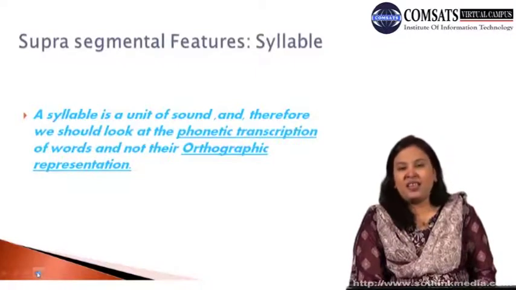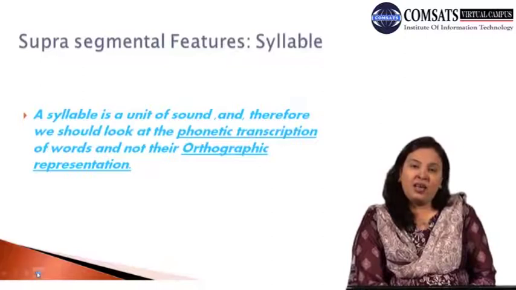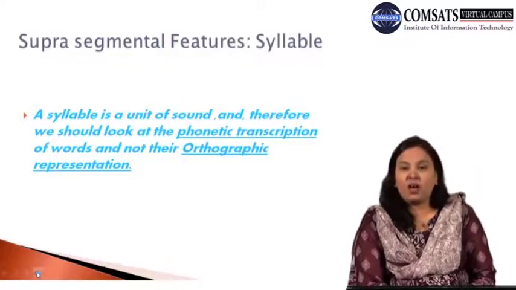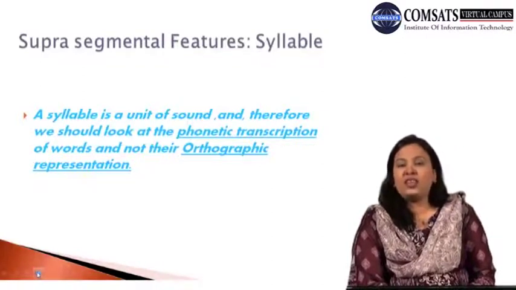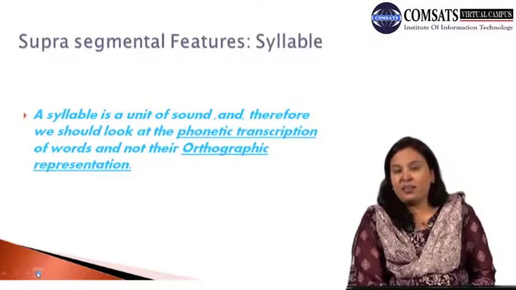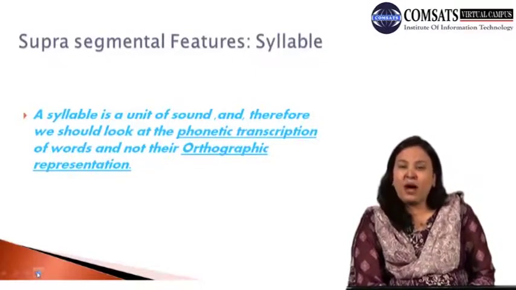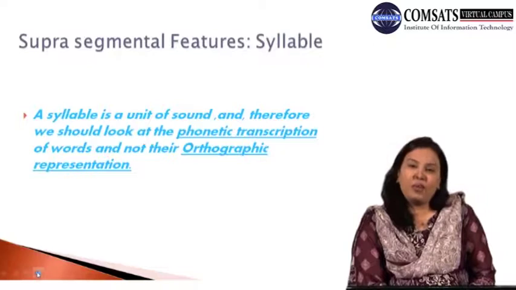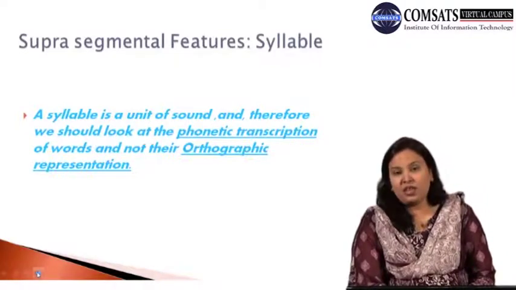Now S at the orthographic level is the S alphabet, but at the phonetic level, it is the sh sound. So this way the phonetic pronunciation is somehow different from the alphabetic orthographic level of representation.